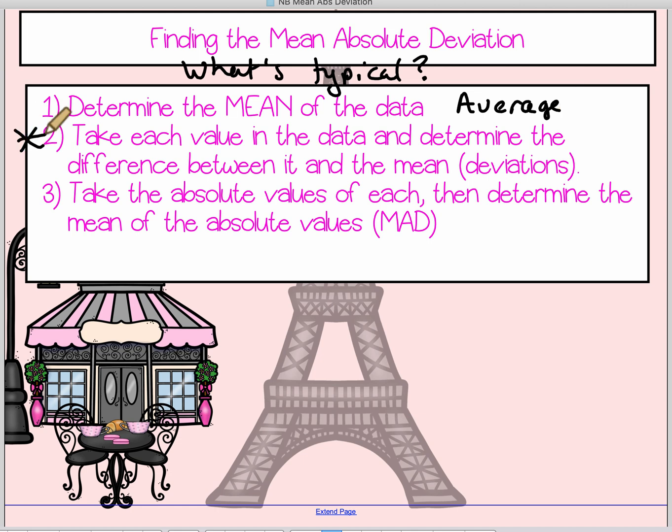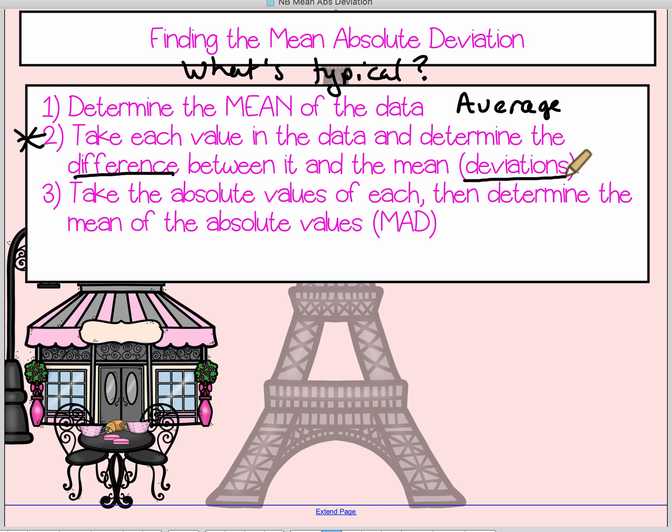If you have a lot of data, this could be something where most people would use a spreadsheet. So you're going to take each value in the data and determine the difference, that means subtraction, between that specific number and the mean. That's what we call the deviations. And we're going to take the absolute value.